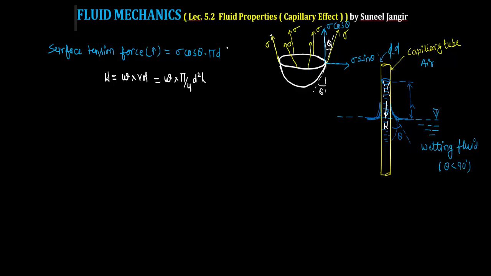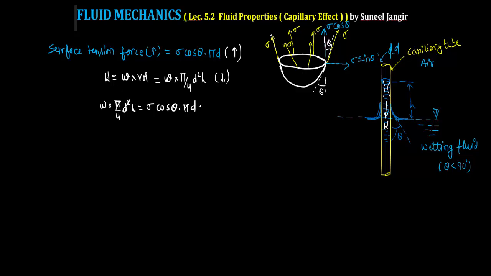So this surface tension force is acting in upward direction and this weight is acting in downward direction, and this is in equilibrium state. So for equilibrium we can equate them. We can write weight force, that is W into pi by 4 d square h, is equal to this force, sigma cos theta into pi d.